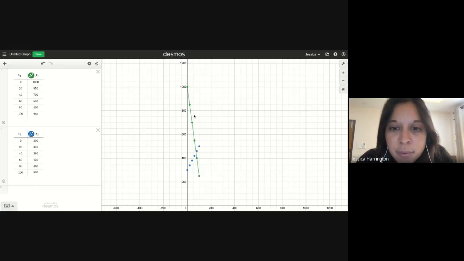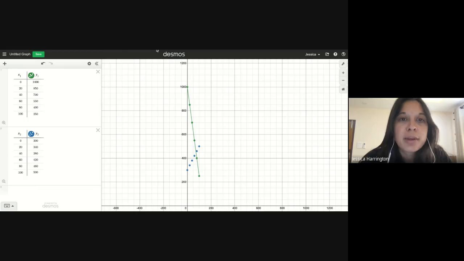So if I'm looking for where it crosses exactly, I might use this point here and then maybe this one down here. So my slope would be down 50, 100, 150, 200, 250, 300, 350, and over whatever this is. Are these by 50s too? Yeah. So down 350 over 50.